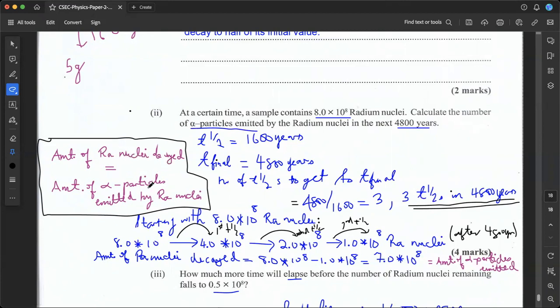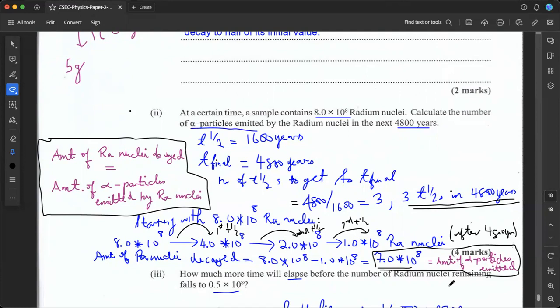By that same token, the amount of alpha particles emitted by this radium was also 7.0 times 10 to the 8. So this is my answer: 7.0 times 10 to the 8 is the amount of alpha particles emitted, exactly the same as the amount of radium nuclei that decayed.